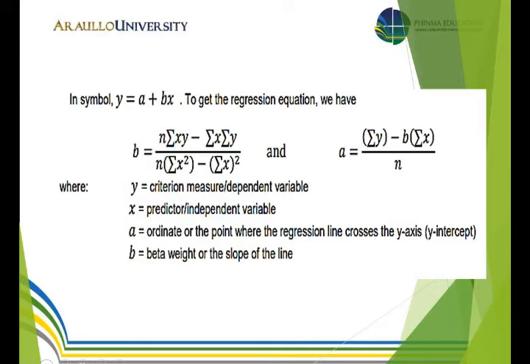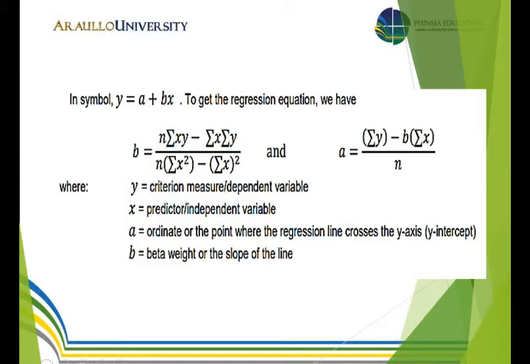To find the value of b, we have a given formula: n, which is the number of data, multiplied by the summation of xy, minus the product of the summation of x and the summation of y, divided by n multiplied by the summation of x squared, minus the summation of x, squared. And then for a, we have the summation of y minus b multiplied by the summation of x, divided by n.